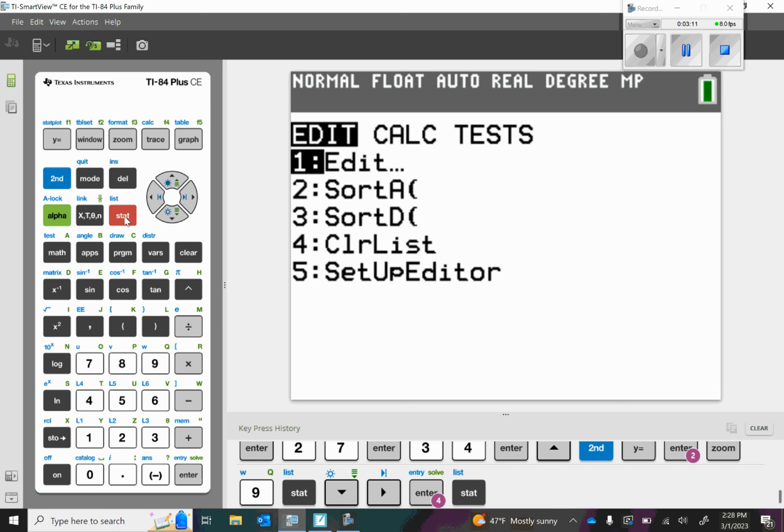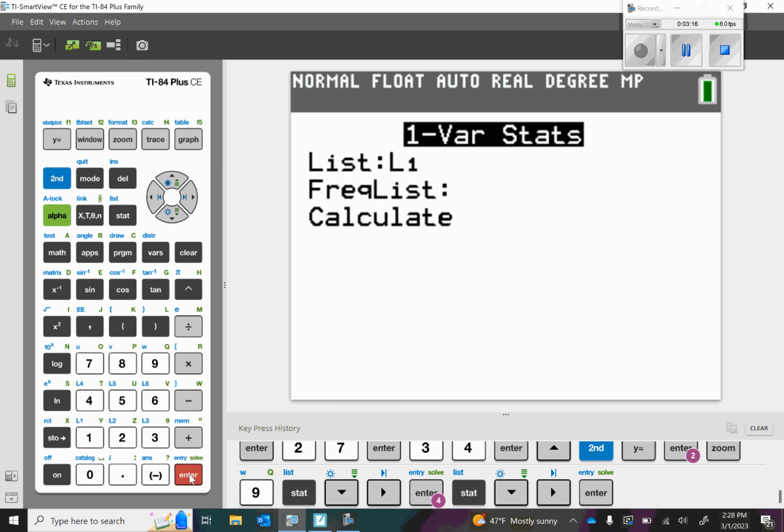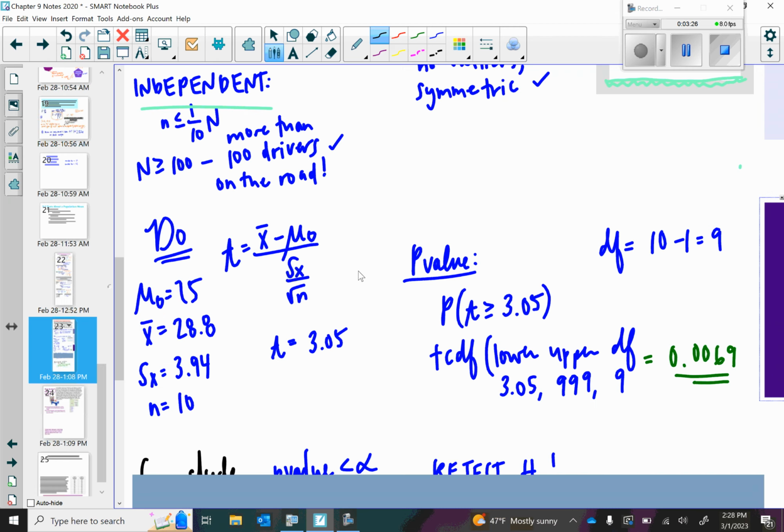Remember, that's under statistics, calculate one variable statistics for list 1, and we get our sample mean is 28.8, and our sample standard deviation is 3.94. Once I have those numbers, I'm able to calculate my t-test statistic of 3.05, and I want to calculate the probability that that or more extreme occurs, the probability that t is greater than or equal to 3.05.